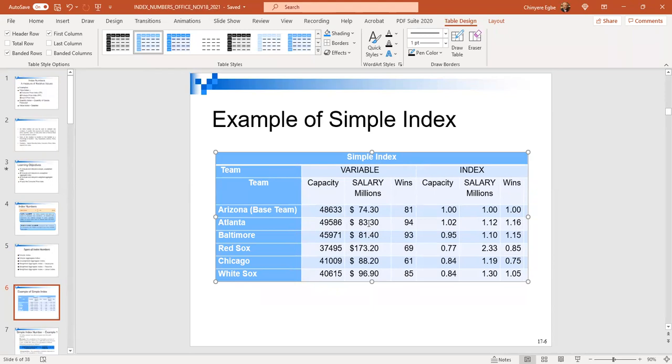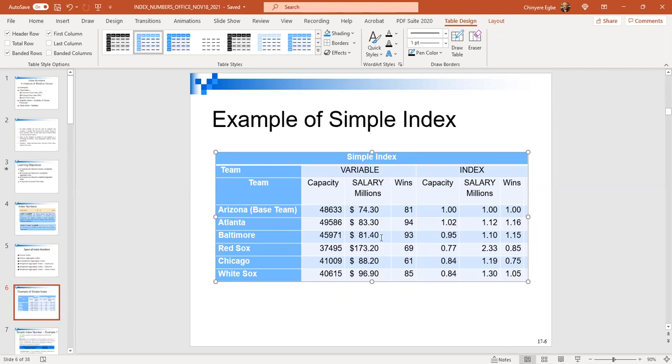For example, we divide Atlanta by Arizona, so 83.3 divided by 74.3 will give you 1.02. That simply means that Atlanta is 2% higher than Arizona.